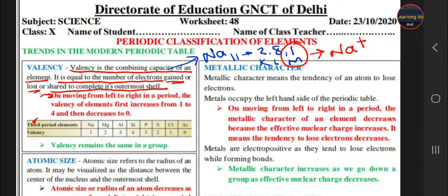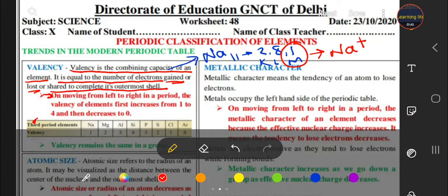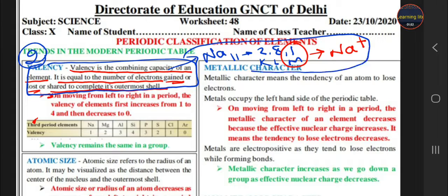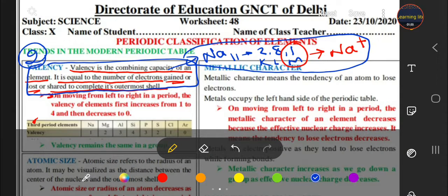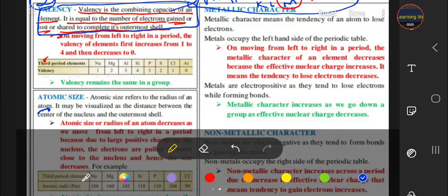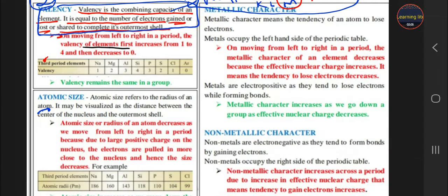Okay student, and this is the answer of your second question. You have to write the definition of valency and also mention this example. Now when we move along a period from left to right, the valency first increases and then decreases to 0.